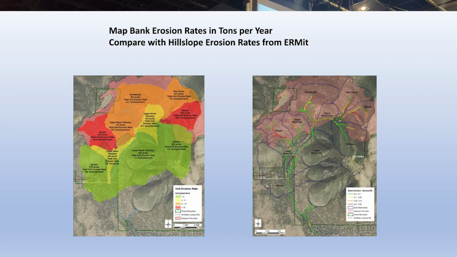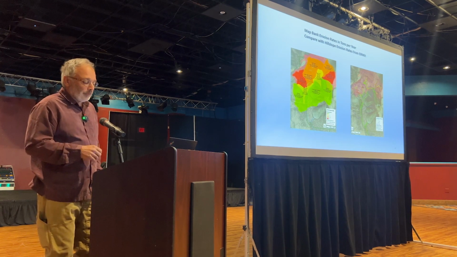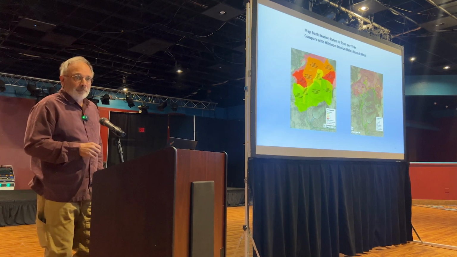So for these maps here, these compare our hill slope erosion rates on the left side of the channel from the ERMiT model, and then looked at our bank erosion rates for the same reaches, the receiving reaches. And this is part of the Museum fire, which we worked on a couple years ago, just right above some heavily populated areas.